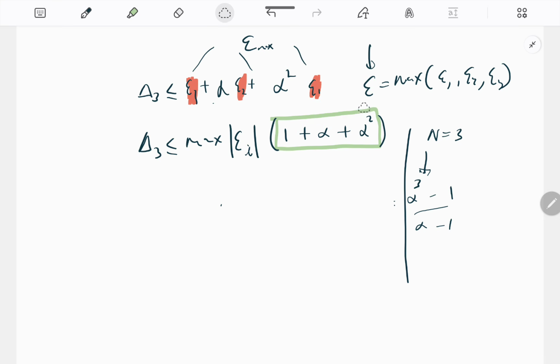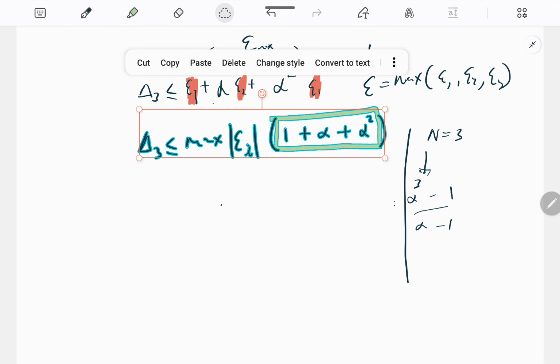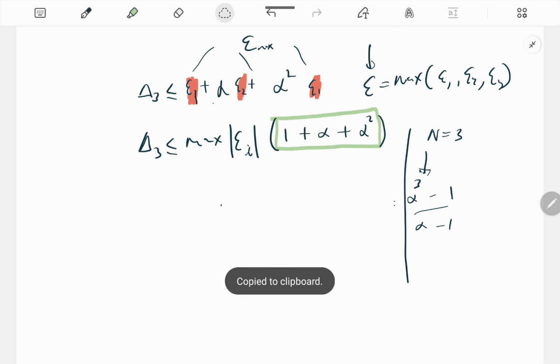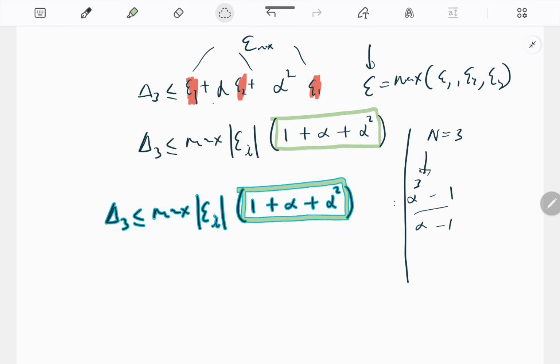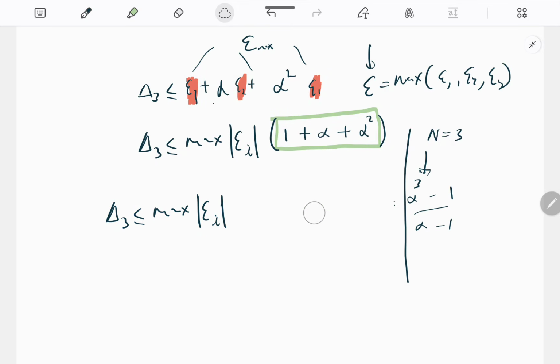You can just go revisit your calculus and see if what I'm saying here is right. I don't want to dwell there, because there's a course that actually emphasizes and explains those series. So now I can have alpha to the power 3 minus 1 over alpha minus 1.